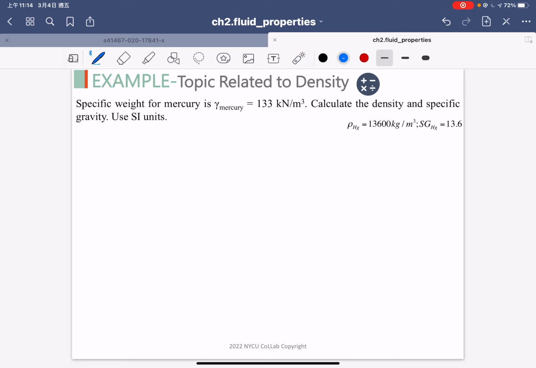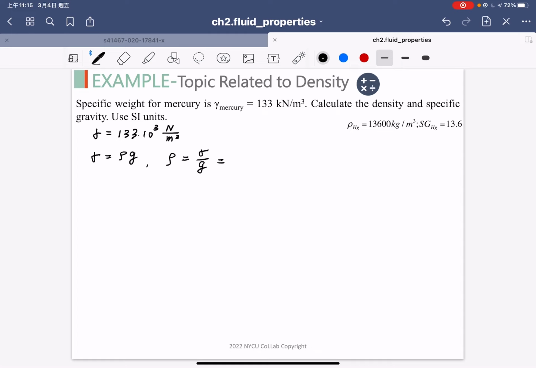So we already have the gamma, which is equal to 133 kilonewton per cubic meter. And then we know that gamma is equal to rho times g, so the rho for the mercury is gamma divided by g.